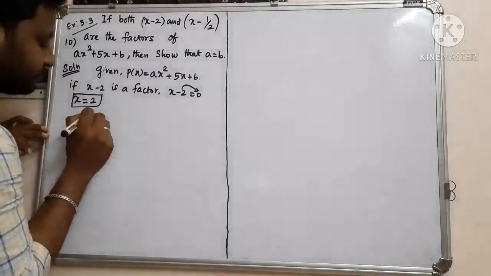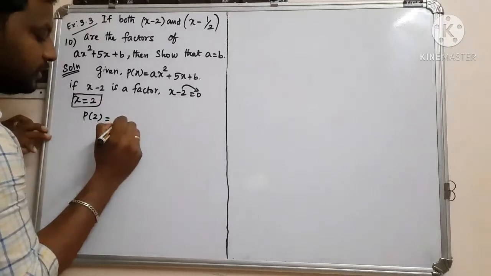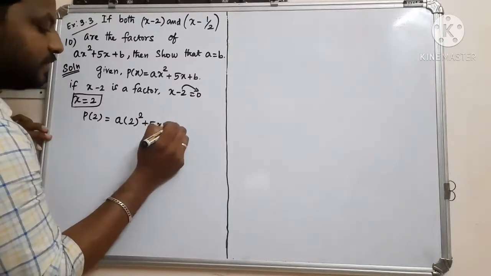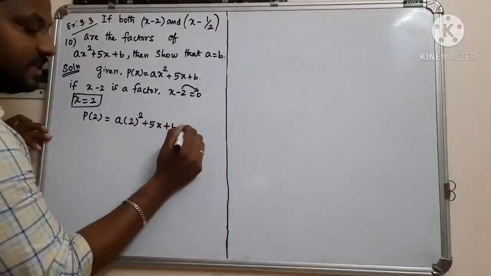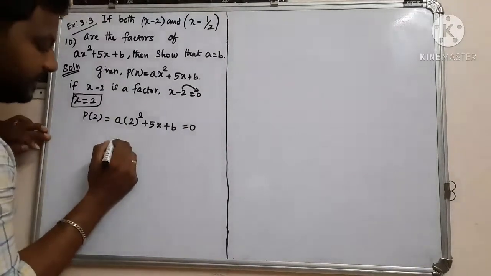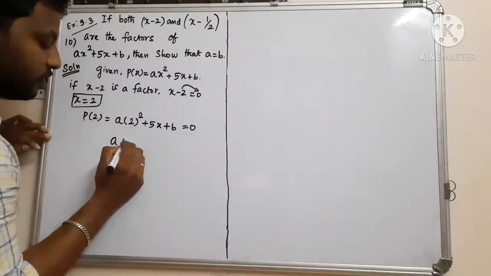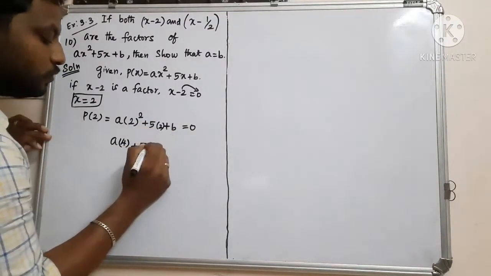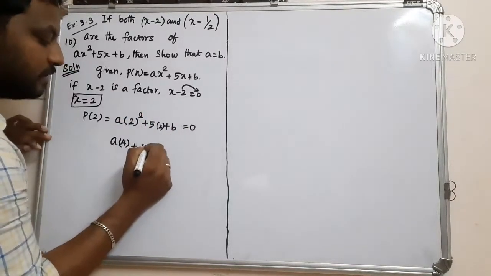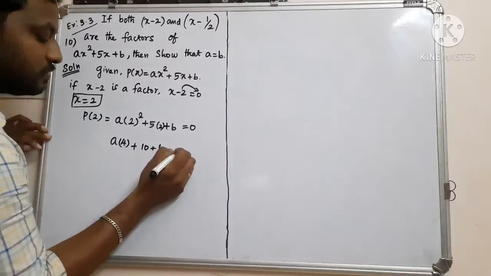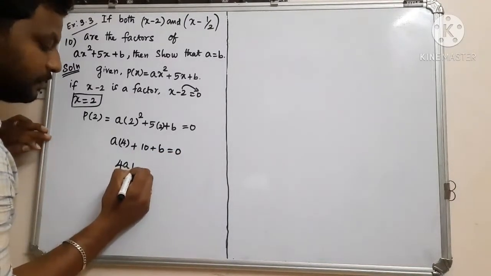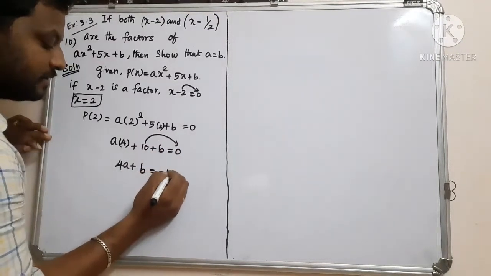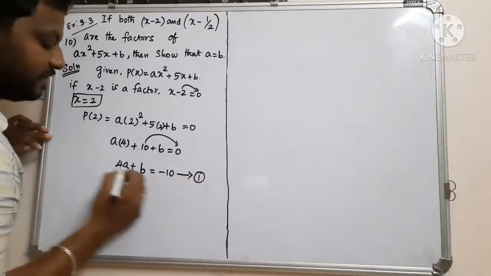So p of 2 is equal to a into 2 square plus 5x plus b. If it is a factor, it is equal to 0. So a into 4 plus 5 into 2, that is equal to 10, plus b is equal to 0. So 4a plus b plus 10 will change into minus 10, which is equal to equation 1.